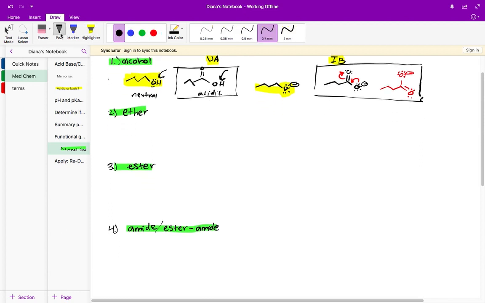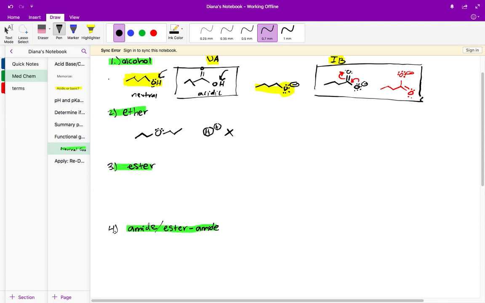Next is an ether. An ether you could think of as an oxygen sandwiched between alkyl groups. This ether is neutral because, first of all, I don't see any protons present. And because I don't see any protons present, that tells me that this is not an acid. It is not a proton donor.